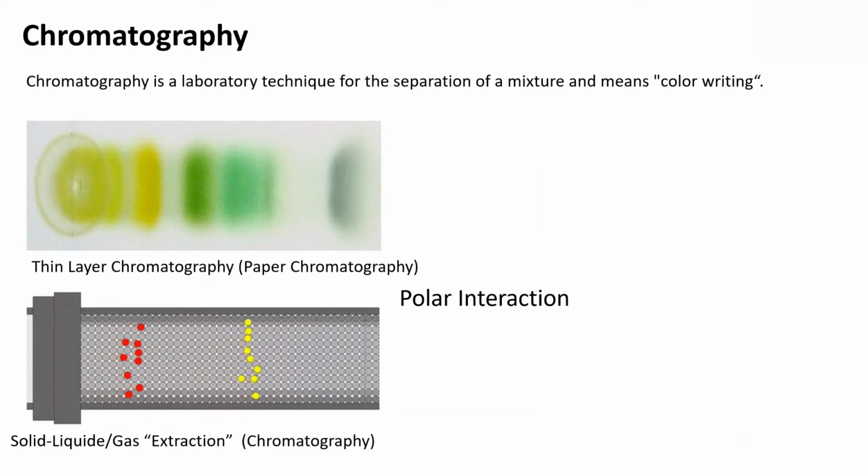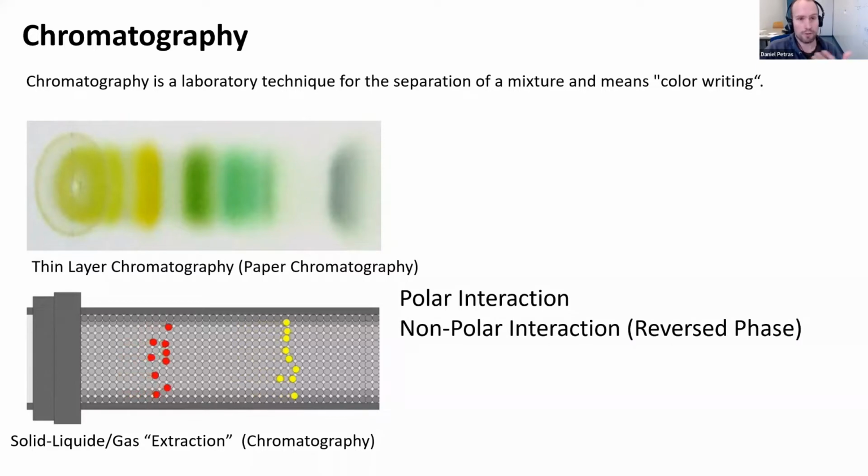Now we can have different columns. You can buy, for example, a classic silica column and separate based on polar interaction, or HILIC, that would be for polar interaction. Then reversed phase, which is probably one of the most commonly used stationary phases for non-polar interactions.